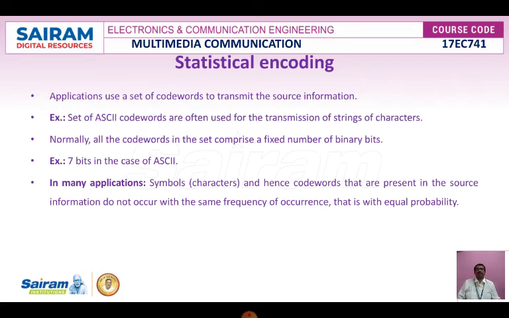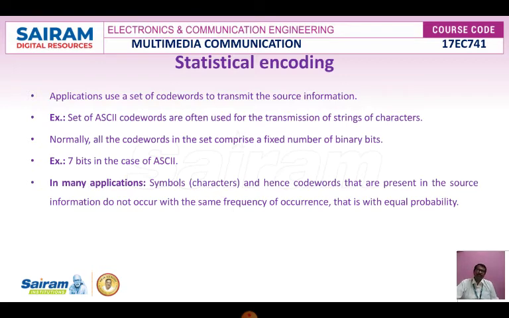Next one is statistical encoding. In many applications, the set of code words used to transmit the source information, for example the set of ASCII codes, are often used for the transmission of strings of characters. Normally, all the code words in the set comprise a fixed number of binary bits, for example 7 bits in the case of ASCII.